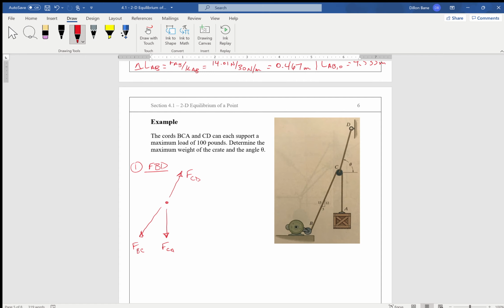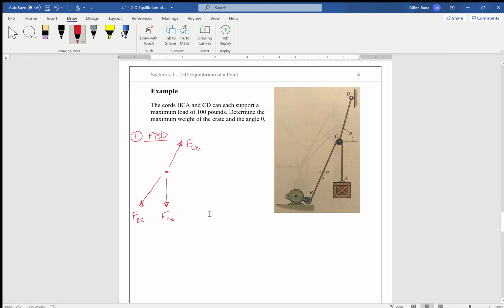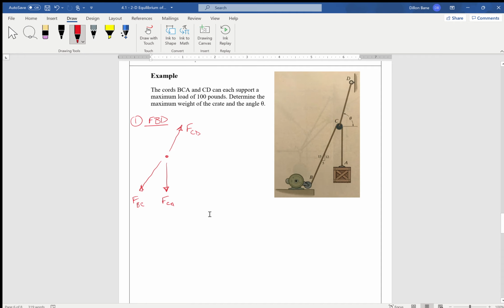So FCA. Our FBC force is a 5 horizontal, 12 vertical, and then we are trying to figure out the angle at which FCD needs to be applied.